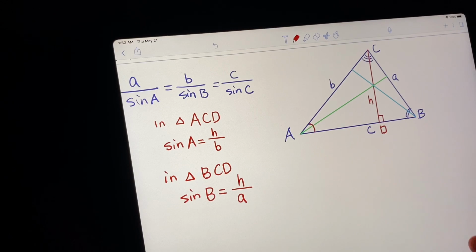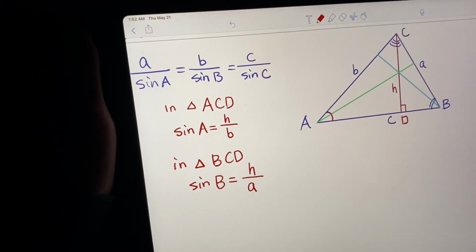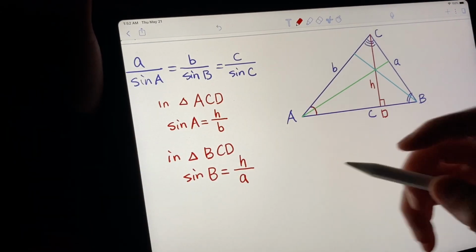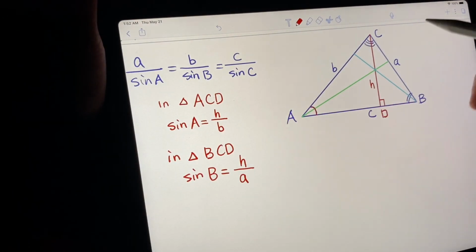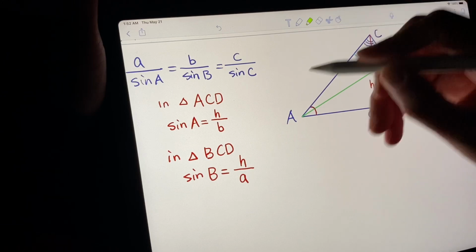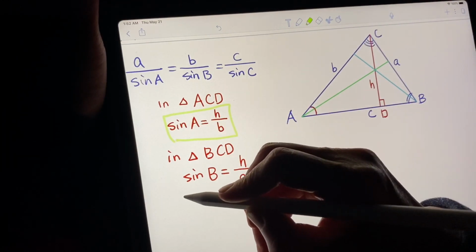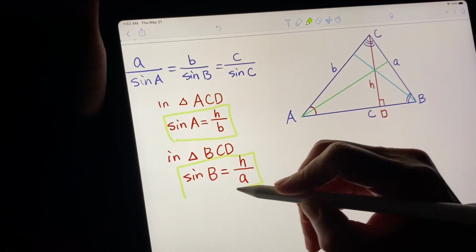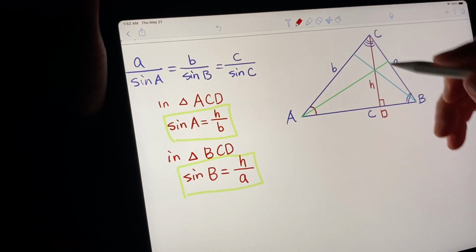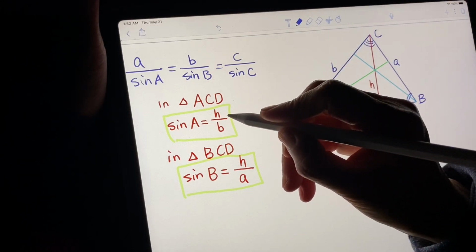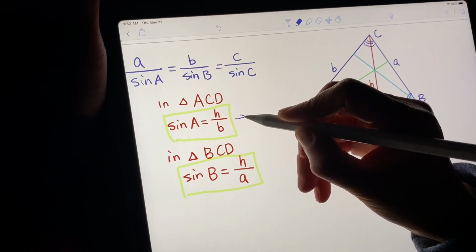So up to here, we are pretty much enough in proving it. Okay, so let me change into blue color. So in this one, what can we derive?